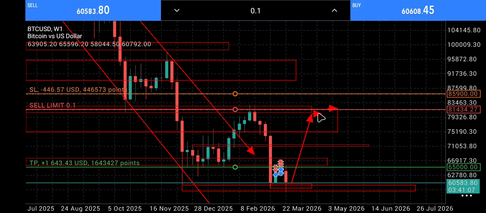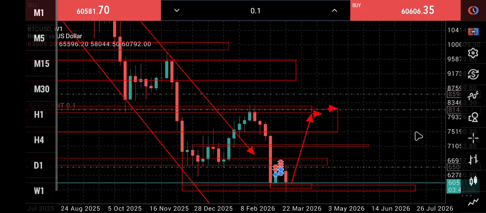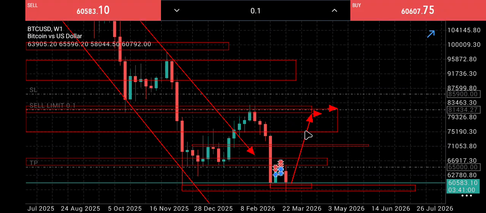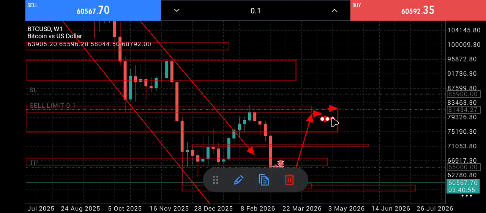I want to give a clear elaboration. This price will do what? Will fall. Good. This price will fall up to my take profit.